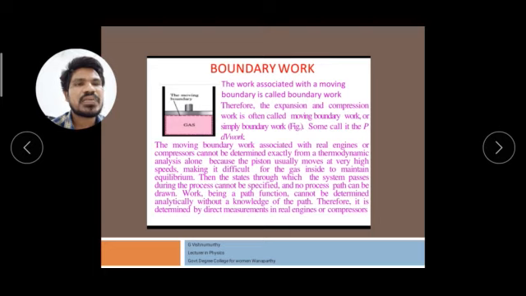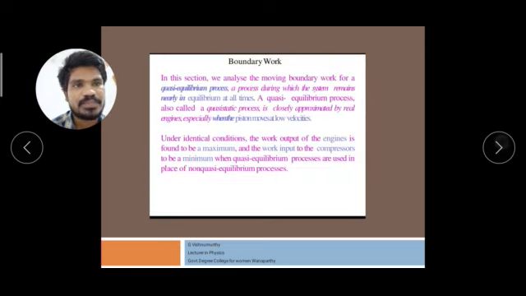Then the states through which the system passes during the process cannot be specified, and no process path can be drawn. Work being a path function cannot be determined analytically without knowledge of the path. Therefore, it is determined by direct measurement on real engines or compressors.